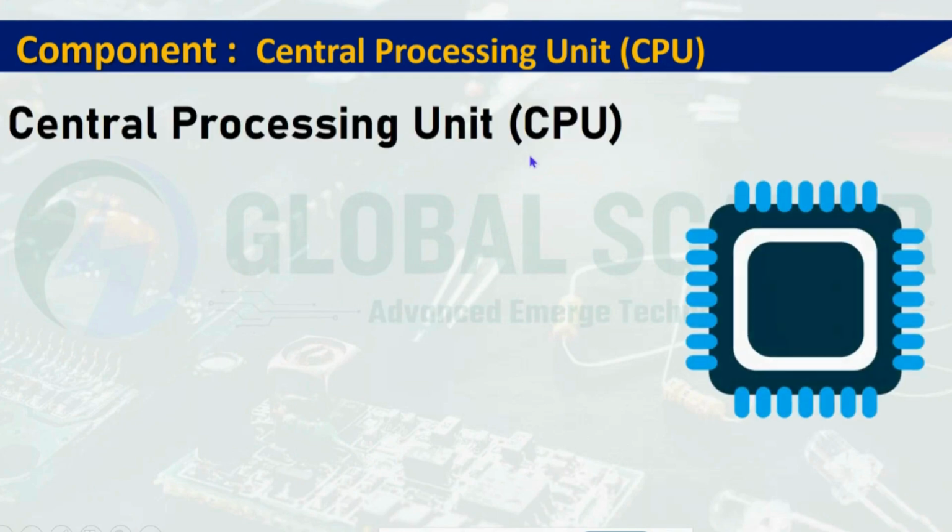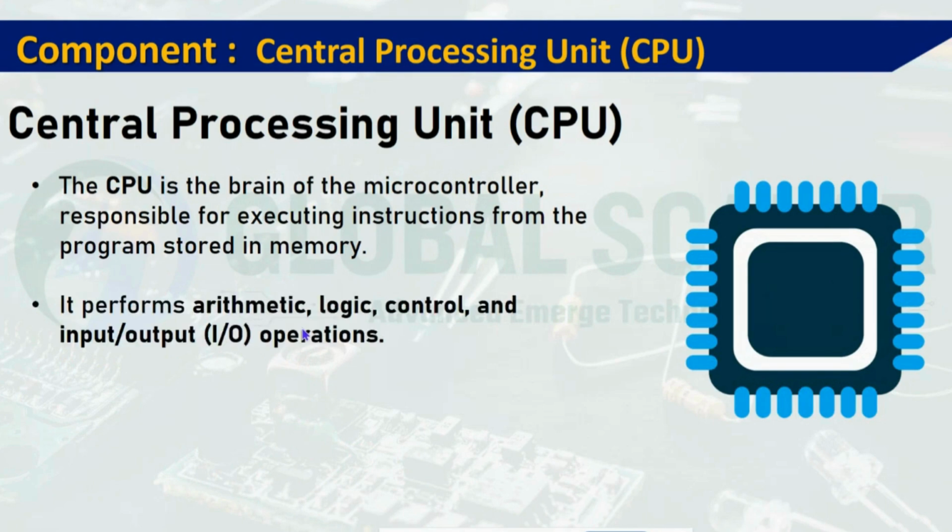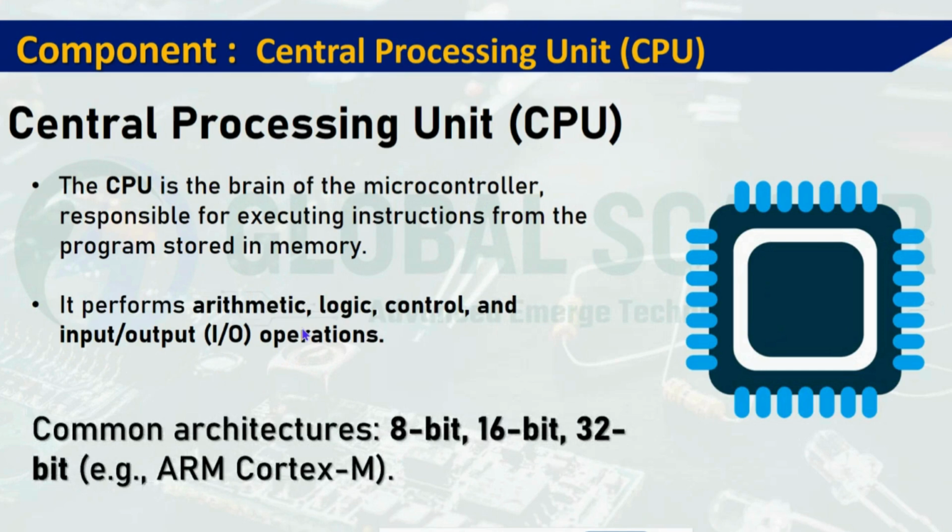The CPU is the brain of the microcontroller, responsible for executing the instructions from the program stored in it, and it performs arithmetic, logical, control and IO operations. Whether it is 8-bit, 16-bit or 32-bit is decided by the CPU.